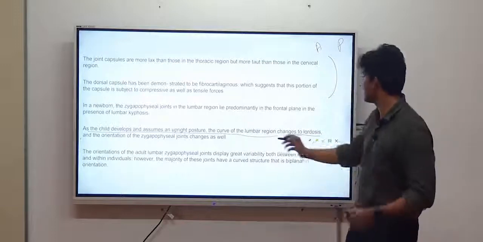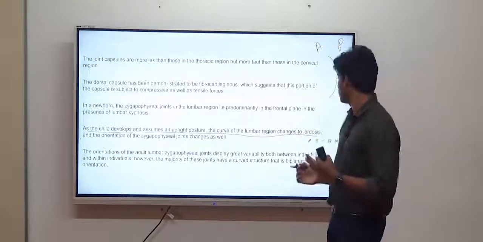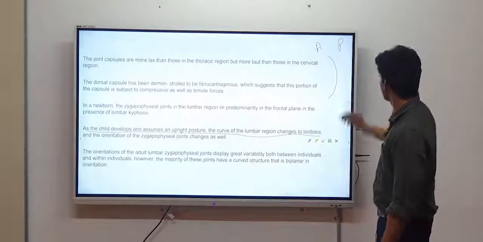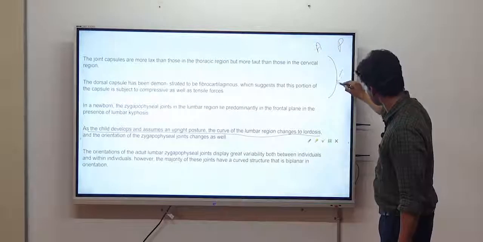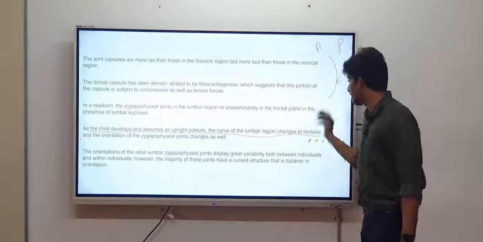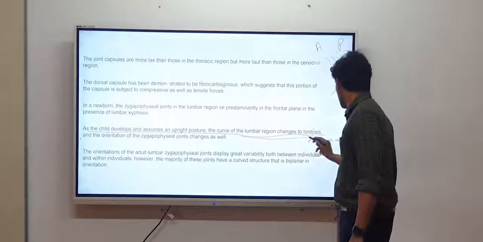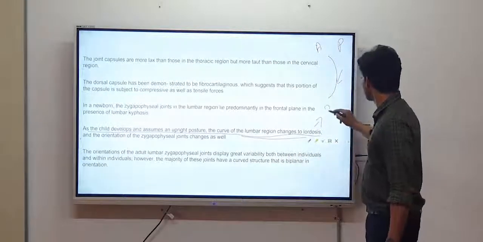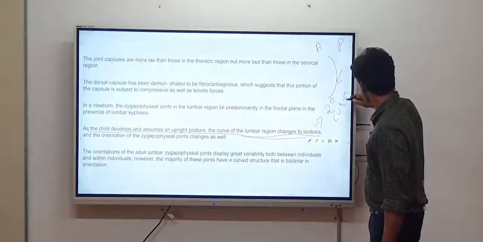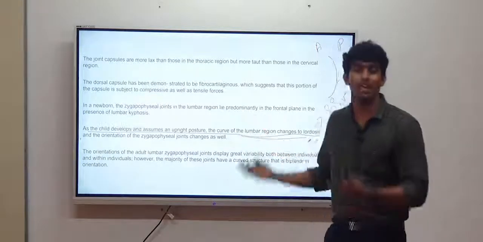Once the child assumes an upright posture, when the child stands up, the curve of the lumbar area changes to lordosis because of the load on the lumbar area. That is the secondary curve. The secondary curve occurs because of the weight distribution over the lumbar area.